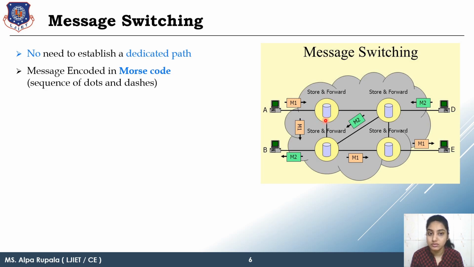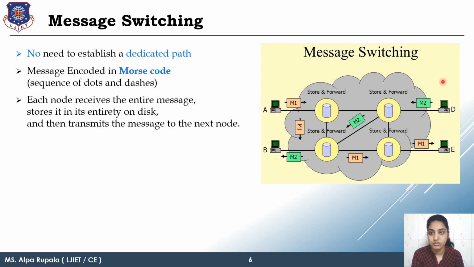Suppose there is no traffic congestion, then this is of no use, and we have already paid for this disk storage. It is established and purchased in advance, and it is very costly. So the cost is very high in message switching. So nowadays message switching is not used to that extent.